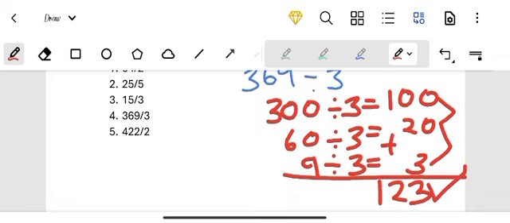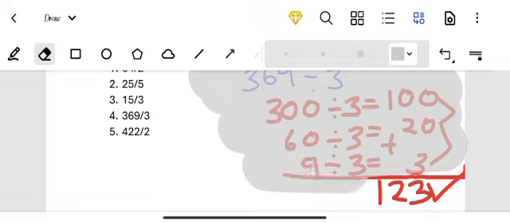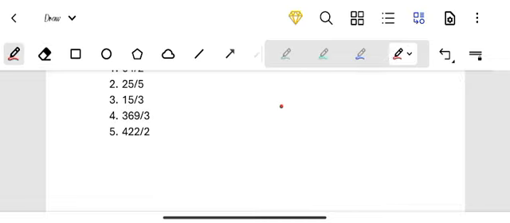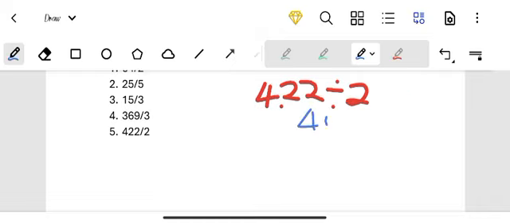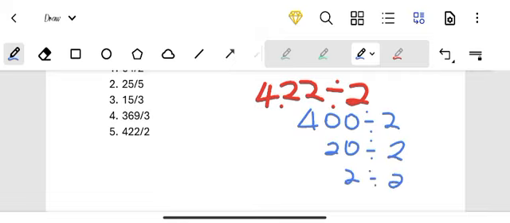The last one is 422 divided by 2. What am I going to do? I'm going to say 400 divided by 2, 20 divided by 2, and the last one is 2 divided by 2. Okay, I draw a line.